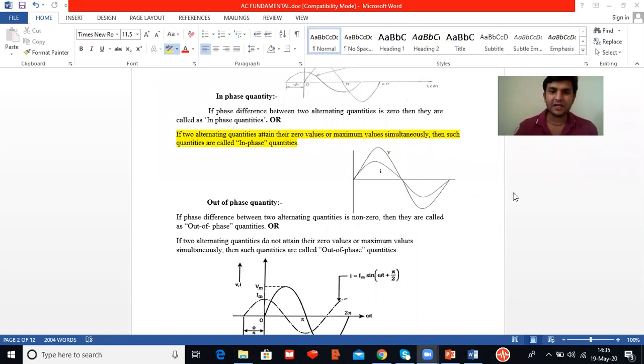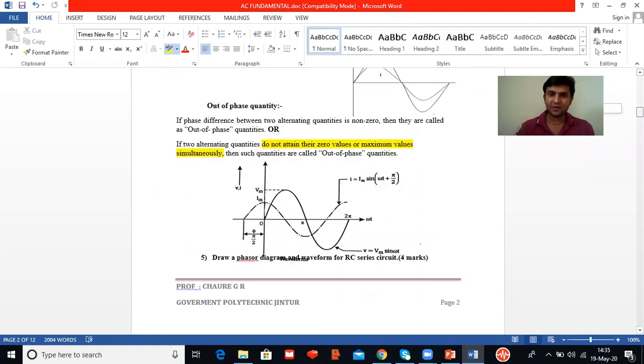Then next we will see the out-of-phase alternating quantity. If the two alternating quantities do not attain their zero or maximum values simultaneously, they are called out-of-phase alternating quantities.